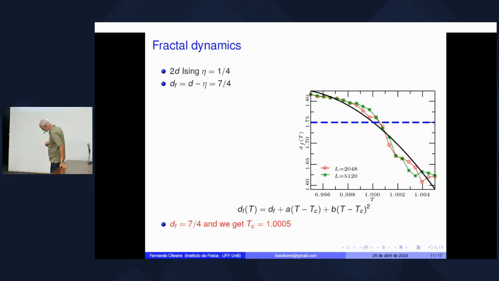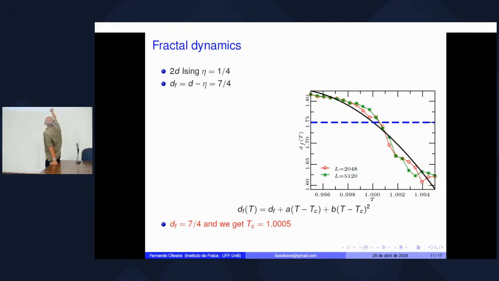We do some simulations. We have some method to obtain the fractal dimensions. And we have here the fractal dimensions as functions of the temperature. T equal to 1 is the transition temperature, in units of the transition temperature, so 1 will be exactly the transition temperature.